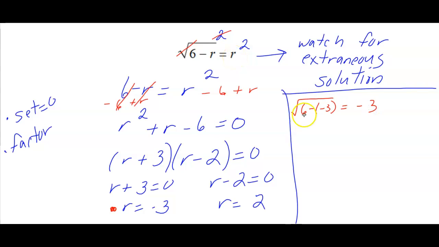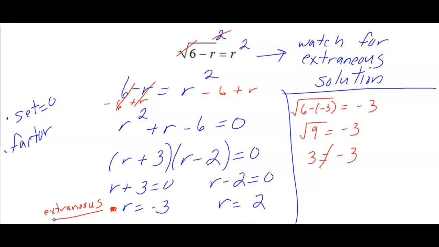Okay, so if I do 6 minus -3, this gives me 6 plus 3, which is 9. If I take the square root of 9, I get 3. 3 equal -3. Well, that doesn't make sense, right? So +3 doesn't equal -3. So those are not true. So that means this one was my extraneous solution.